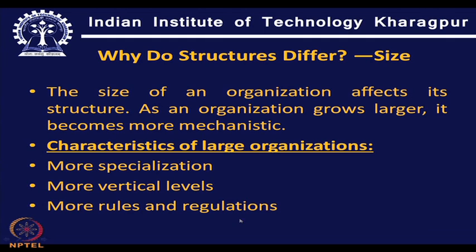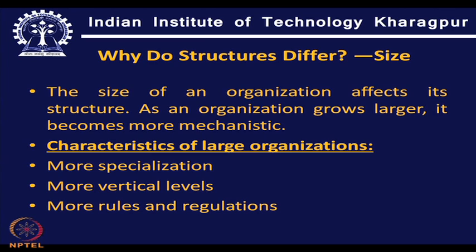Next, another important factor for which organizations differ is size. When the organization becomes larger in size, it becomes more mechanistic because there is a wide number of people and different types of jobs.